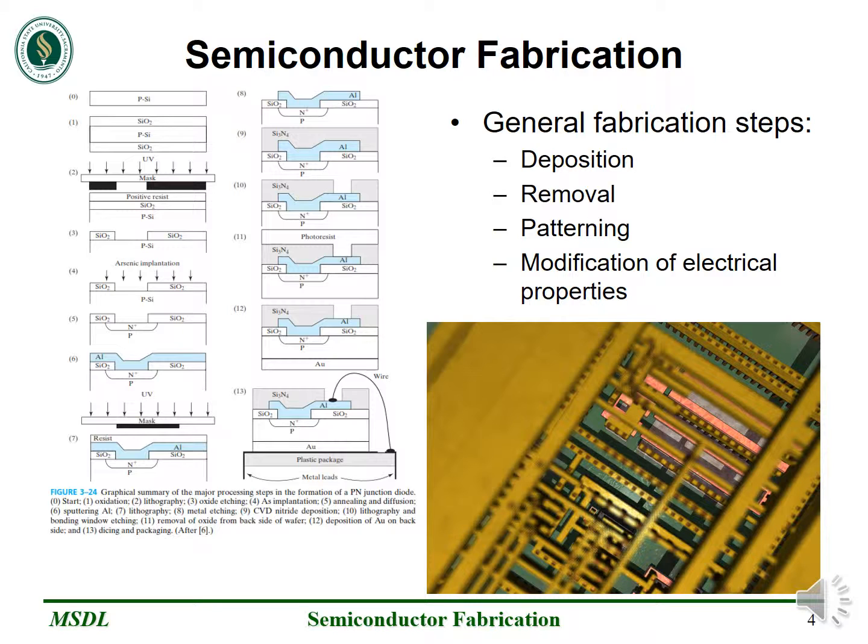So it undergoes all the masking, lithography, oxide, metal etching, CVD deposition, chemical vapor deposition, and up to the metals deposition, and then packaging. Here you can see the different layers, and this pink layer shows the gate.